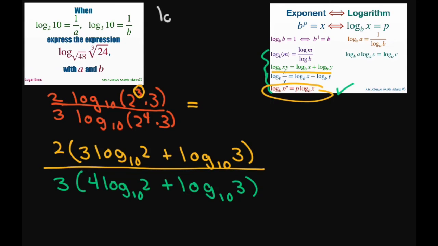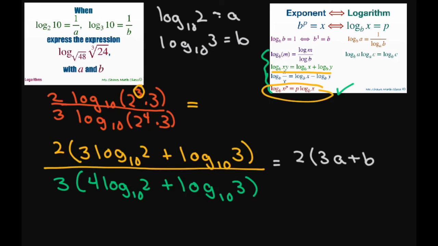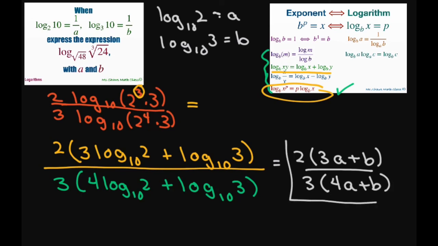We had log base 10 of 2 equals a, and we had log base 10 of 3 equals b. So using substitution, this is going to give me 2 times 3a plus b divided by 3 times 4a plus b. And this is a good way to leave your problem just like that.